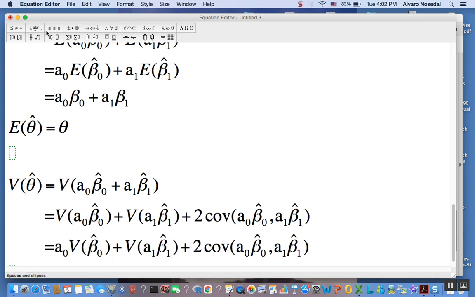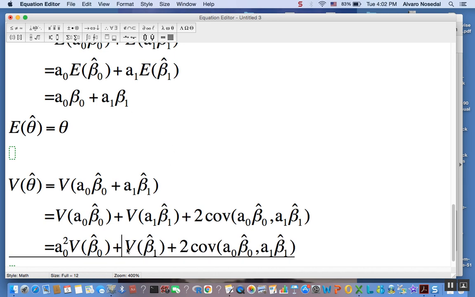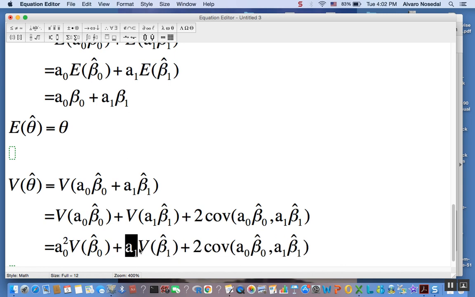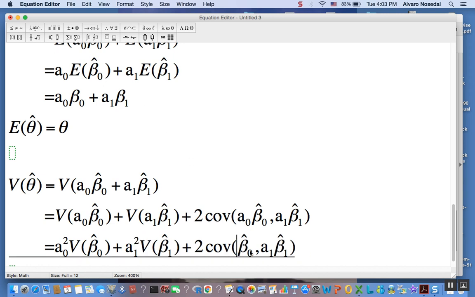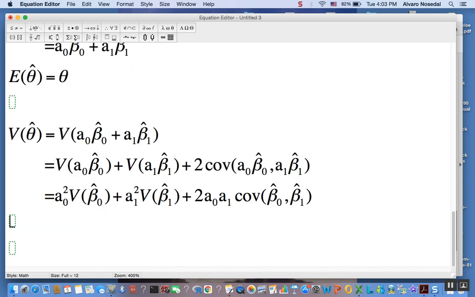So it would be A0 square and A1 square here, and here we get to factor out these guys, because if you remember, covariance is a special kind of expected value, the expected value of basically a cross product between two random variables.